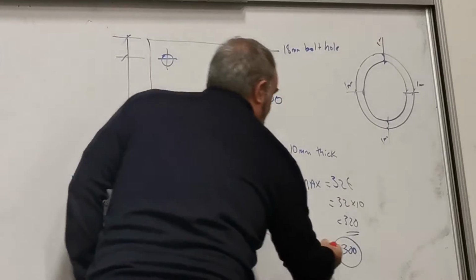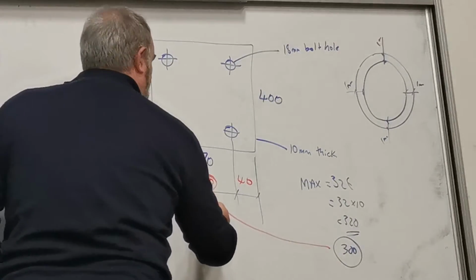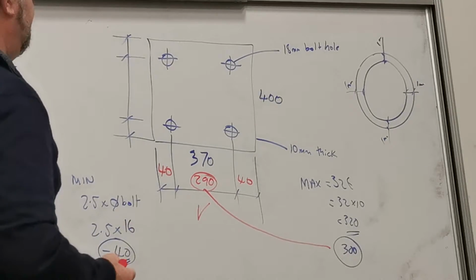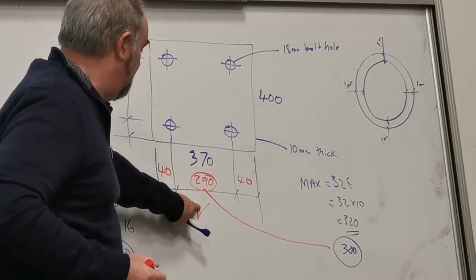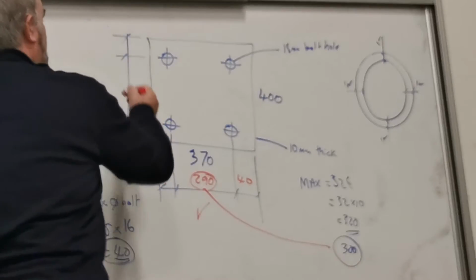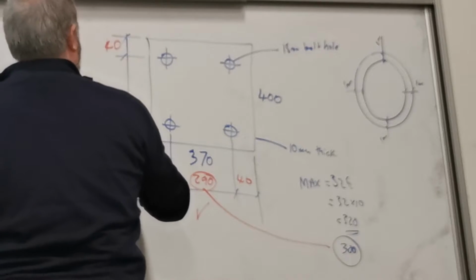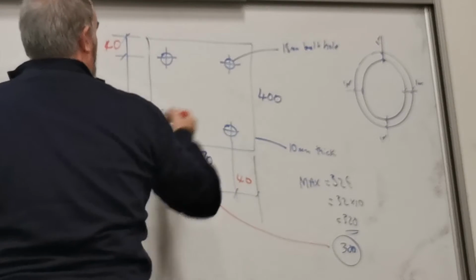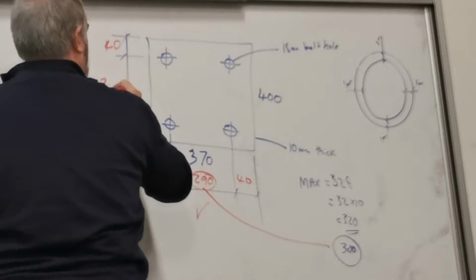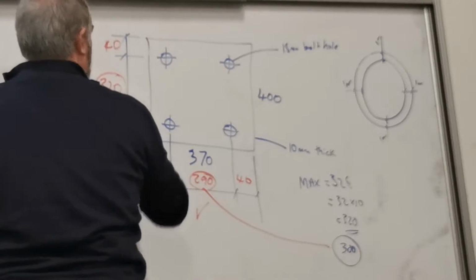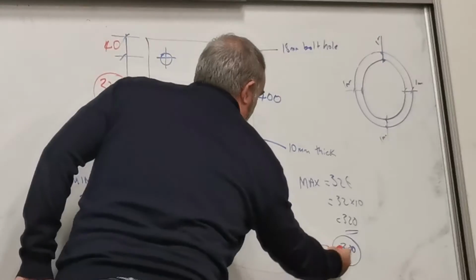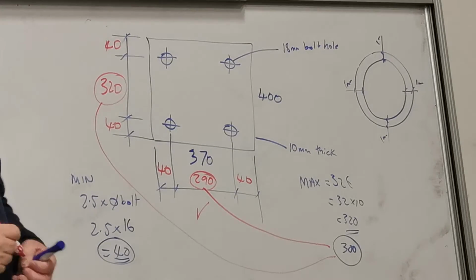We compare that with our maximum over here, so that gets the big tick. We come over here, 40, 40 minus 400 makes 320. We compare that with this, and we've got a problem.